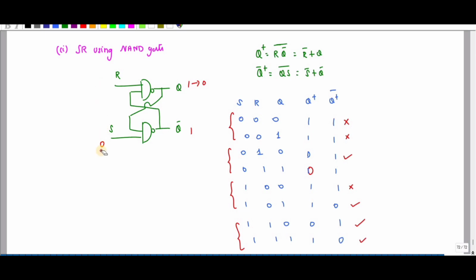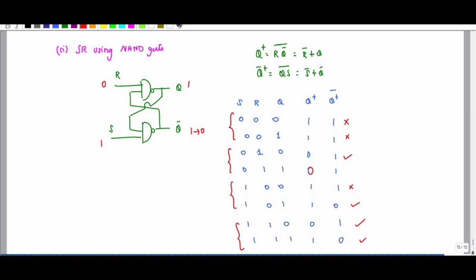For the next case, this is 1 0, and this is 1 1. Now you see here, 1 into 1 is 1, inverse is 0. So this 0 only goes here. So 0 into 0 is 0, and it remains 1.